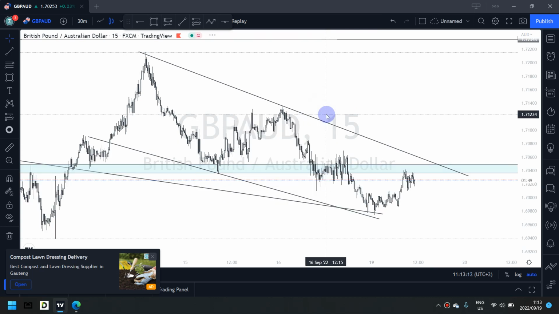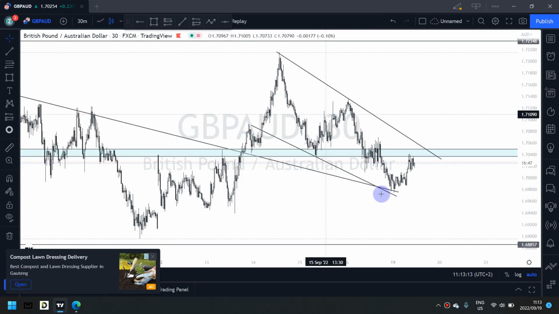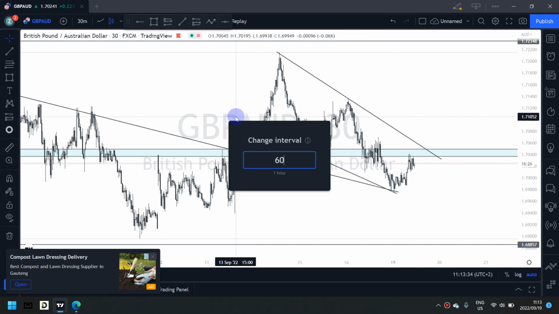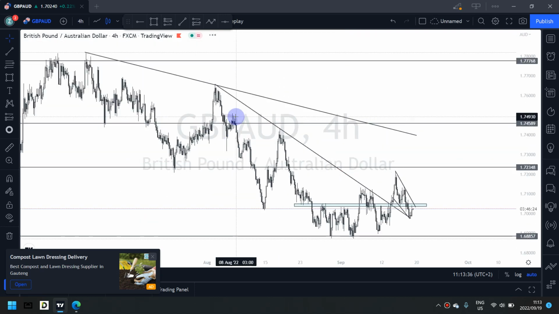Yes, it's a 15-minute time frame trend, but it's worth catering for. So I do want to adjust my analysis for the trend right there.